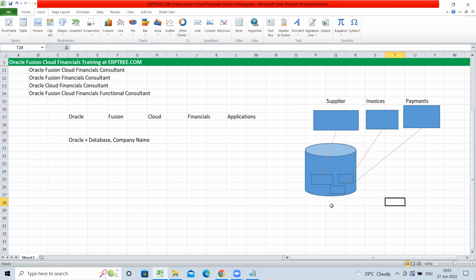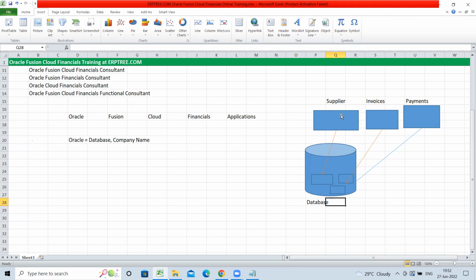So this is the database. In the database, we can store the data. How do you store the data in the database? With the help of tables. Because when we are storing data in the database, we have to maintain the data separately: suppliers data separately, invoices data separately, payments data separately. That is the reason for suppliers, invoices, and payments that we maintain separate tables.